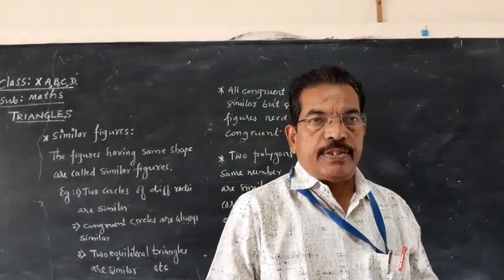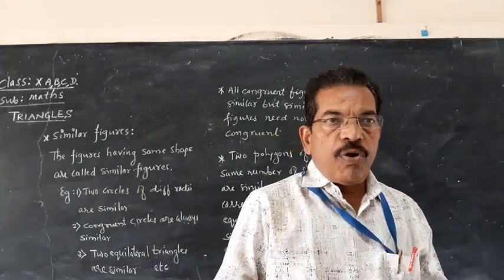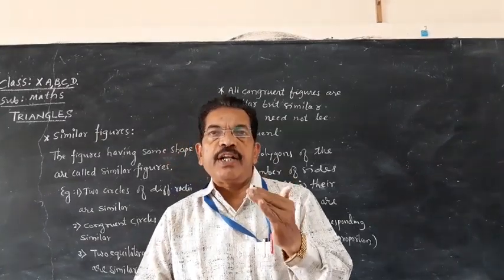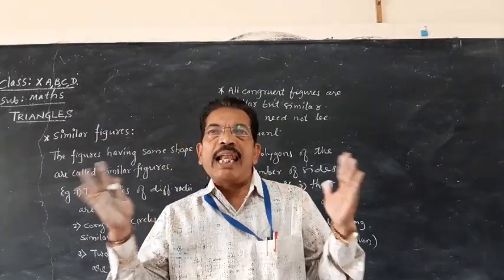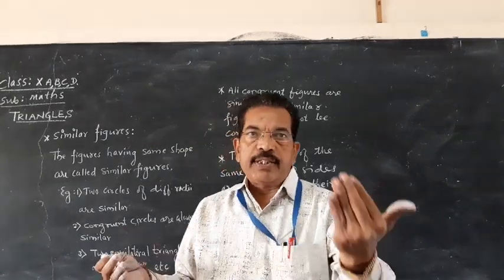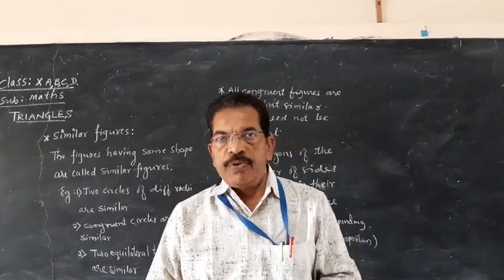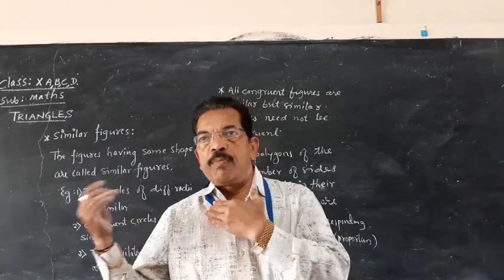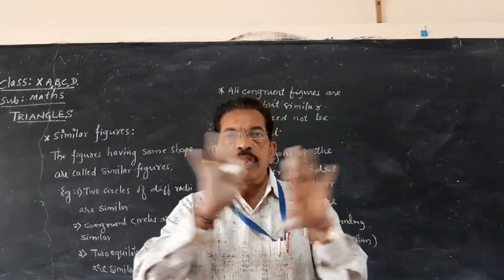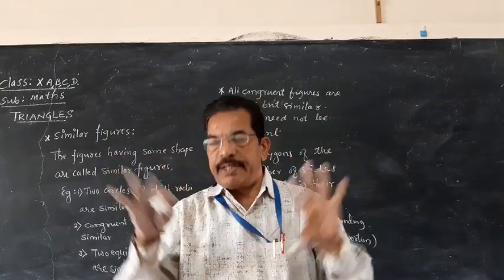Similar figures, in general, means what looks alike. For example, if one board is in front of you, another board of different length will appear like that. So both boards will appear similar.